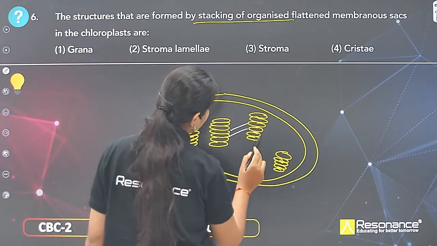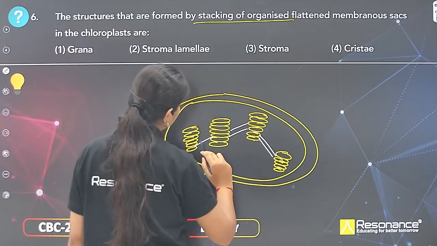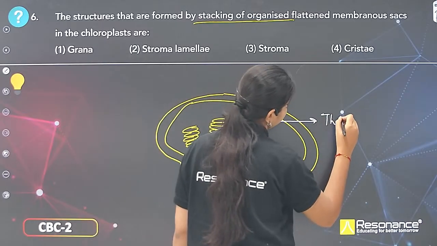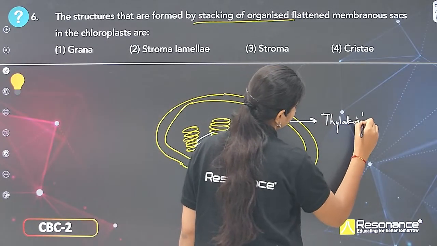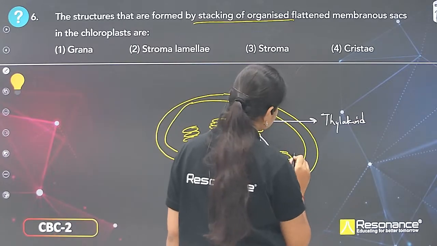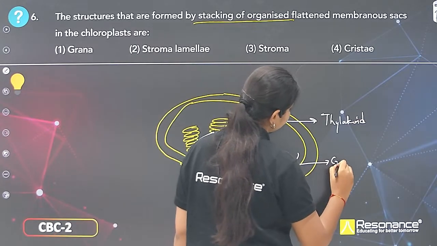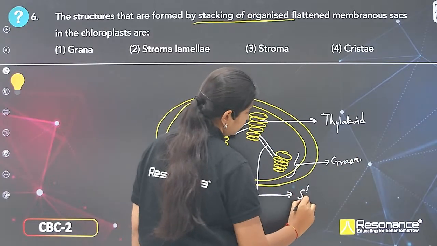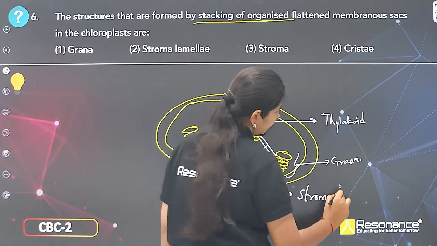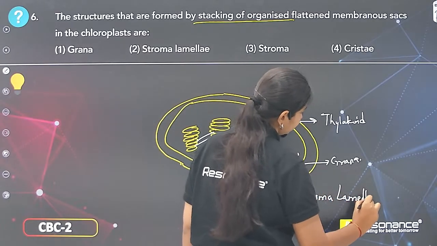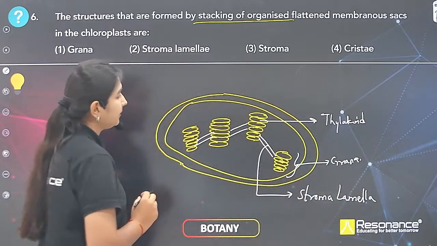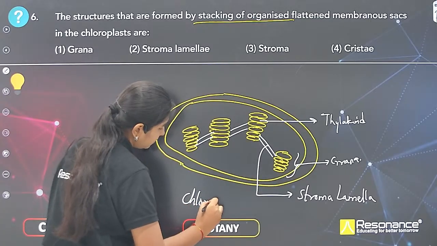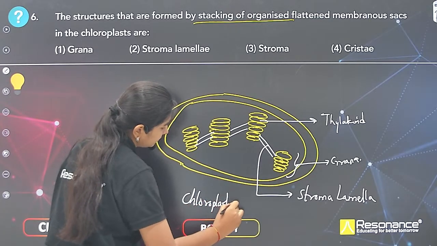This is your stroma, the connecting stroma lamella, right? This is your thylakoid, and they stack to form the grana, right? This is your stroma lamella. Okay, fine. And this is the structure of the chloroplast.